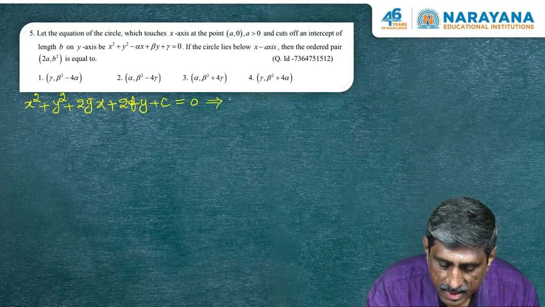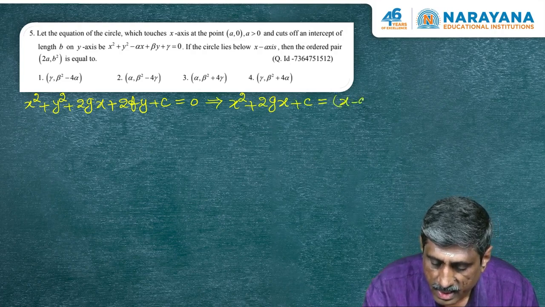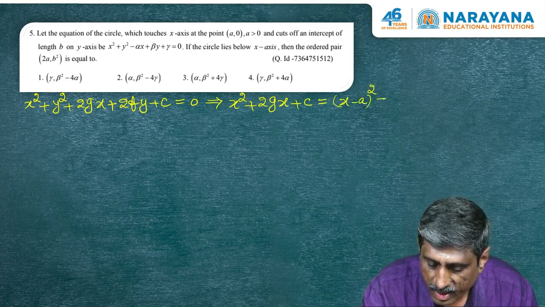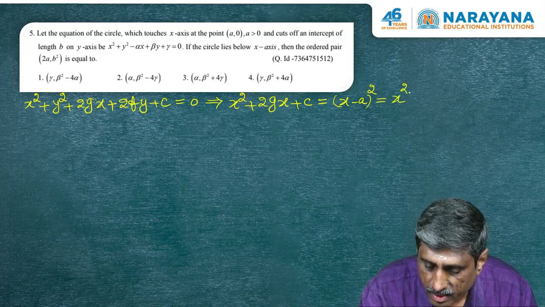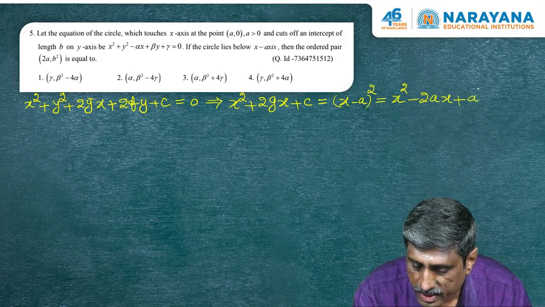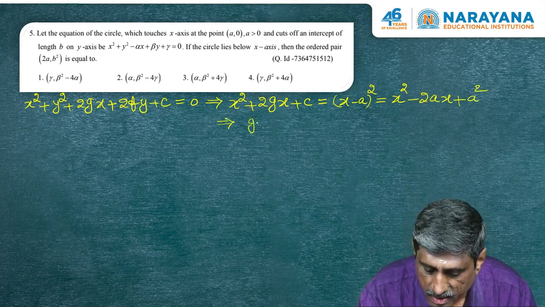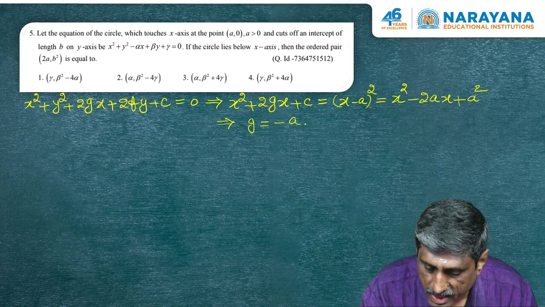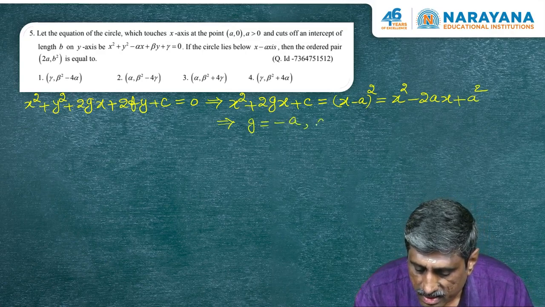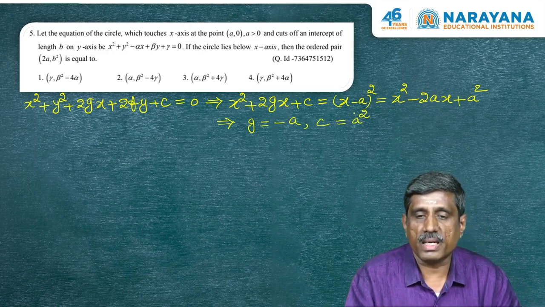So x square plus 2gx plus c will be equal to (x minus a) the whole square, which is x square minus 2ax plus a square. On simplification, we get g is equal to minus a and c is equal to a square. So this is the first relation we are getting.